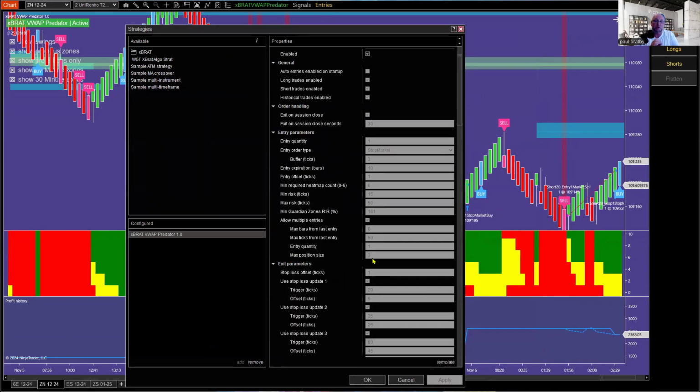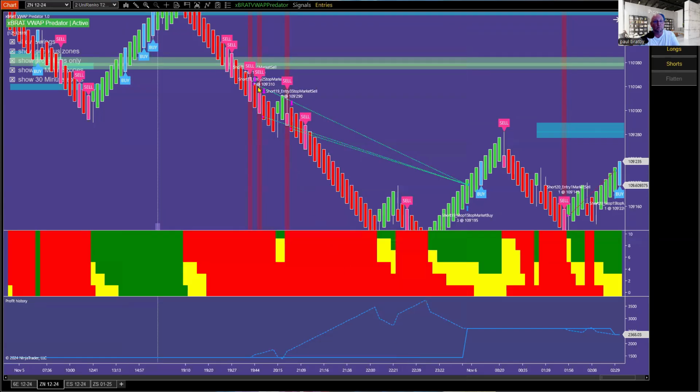That's why you don't see any more. Now we've got the buffer in there as well, and some other things. But the main thing is we want to enter quantity 1 at a time, and the maximum size is 3. This is why you'll see 1, 2, 3 entries, and then we get taken out by the trailing stop.